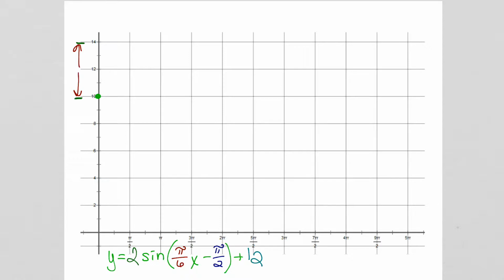So it's somewhere around here is 12. Somewhere like that. And so halfway between there and there, it's hard to see.